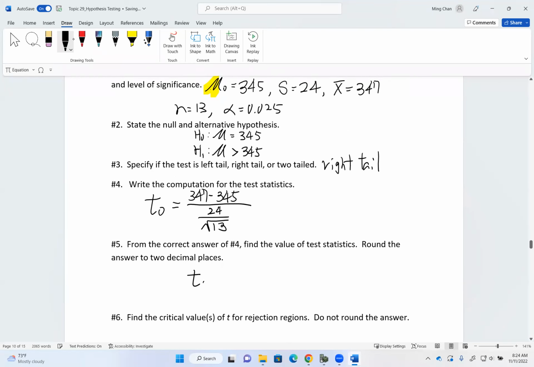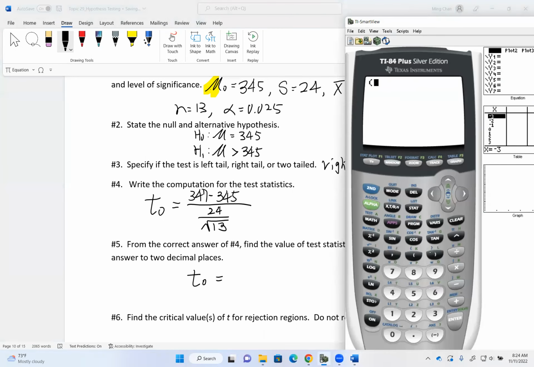I'm going to put the whole operation in parentheses for the denominator: 24 divided by square root of 13, close parenthesis for the square root, close parenthesis for the entire denominator. So it's about 0.30.